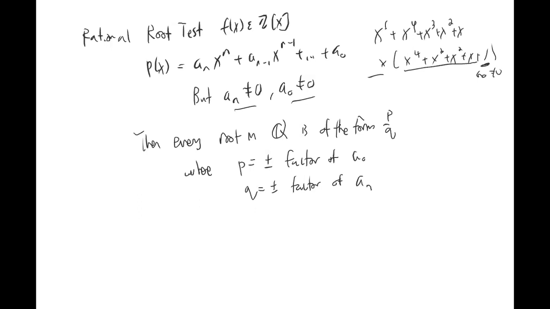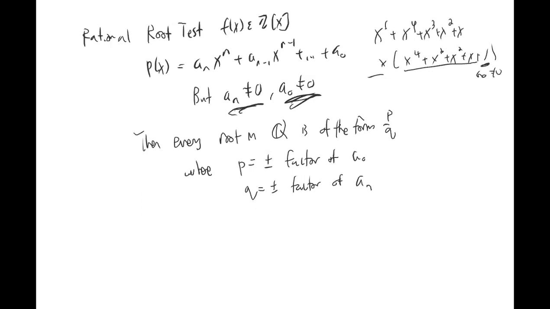Does everyone understand why we can just assume this without loss of generality? This is the constant term. If the constant term is 0, you know 0 is a root, in which case you just factor it out. This is just to avoid redundancy.